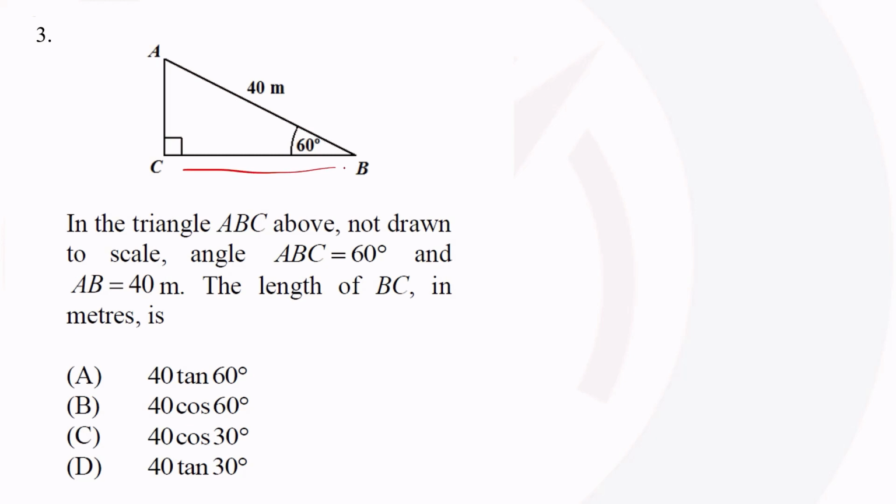So BC is right here. What sides are we working with? We're working with our hypotenuse and our adjacent side. Now what trig ratio uses both the adjacent and the hypotenuse? That would be cosine. So cosine of the angle is equal to the adjacent over the hypotenuse.